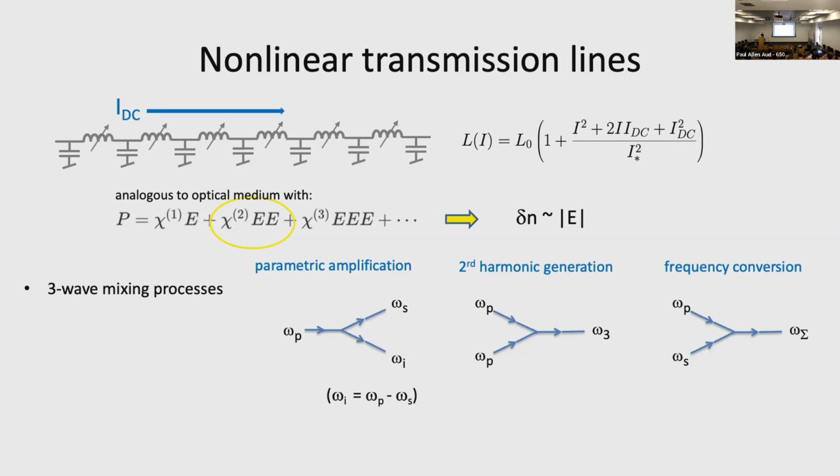This DC current breaks the symmetry, and it gives you a nonlinear term in the inductance, which varies in proportion to the current. And so this is like an optical medium with a second order susceptibility. And it supports the various three-wave mixing versions of the nonlinear optical processes.